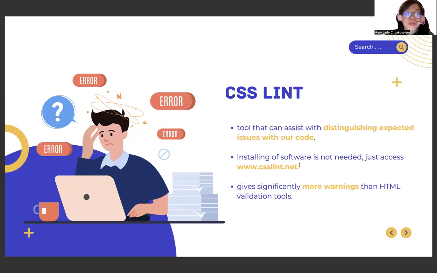And you don't need to install software to access this one. All you have to do is go to csslint.net, and you can check your code. FYI, for your information, it actually gives more warnings than typical HTML validation tools like the W3C markup validation service. So it shows more warnings.